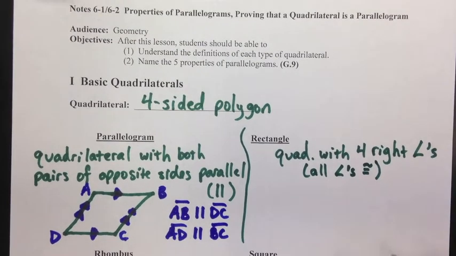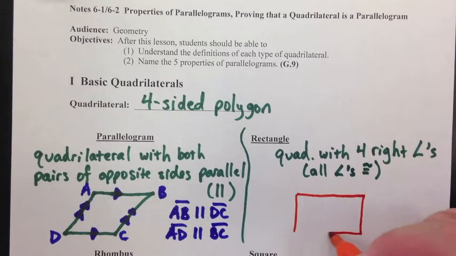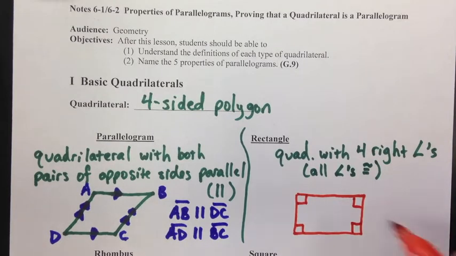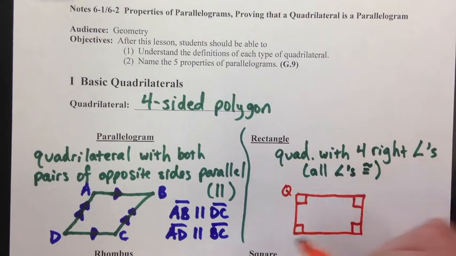Now I know that you know what a rectangle looks like, but let's draw one anyway. So there's a rectangle. What makes it a rectangle? By definition, it has four right angles. Okay, so if we say, let's call this thing Q, and I'll say R, I'll go this way, QRST. What it means to be a rectangle is that you have all these right angles.